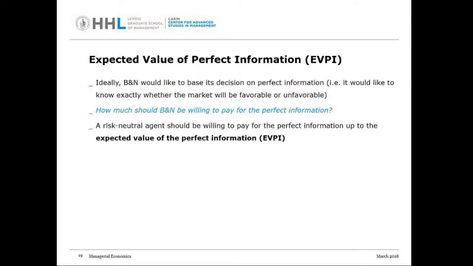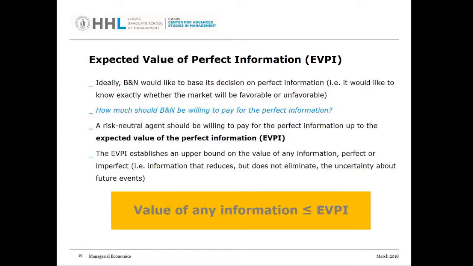This is the amount of money somebody would be willing to pay, up to the expected value of perfect information. When you look at it from a broader perspective, if you consider any information, whether perfect or imperfect, imperfect meaning it resolves some uncertainty but not all of it, then the value of any information should be smaller than or equal to the expected value of perfect information.